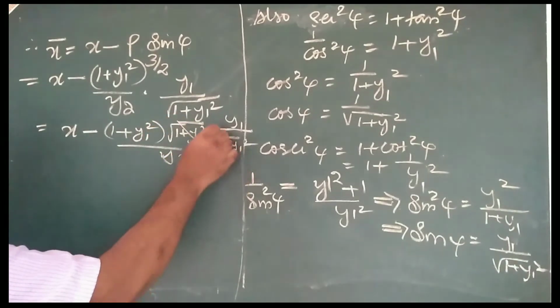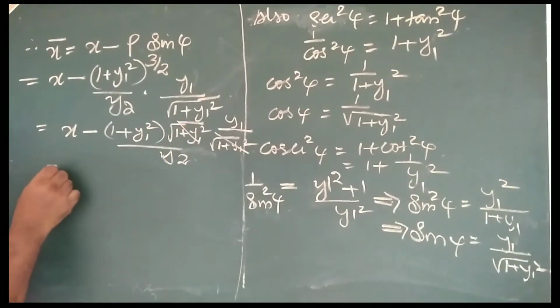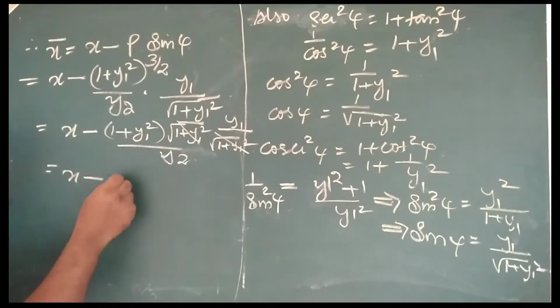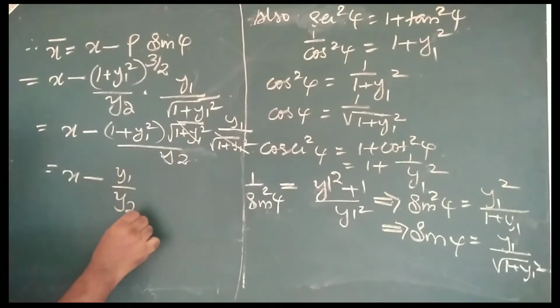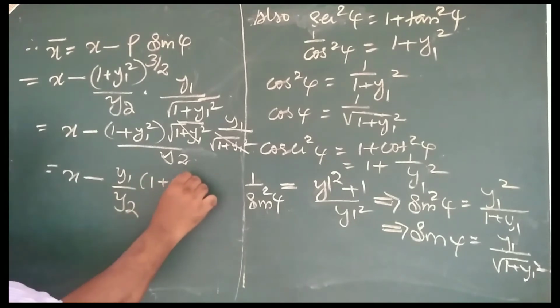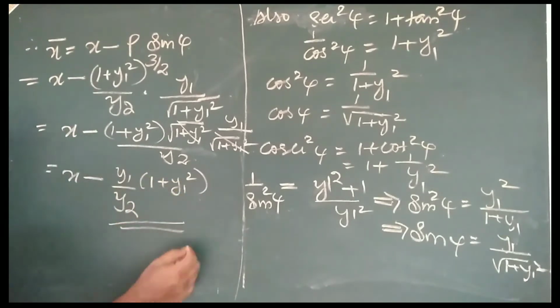So this root cancels, and that is equal to x minus y1 by y2 into 1 plus y1 square. So this is the first one.